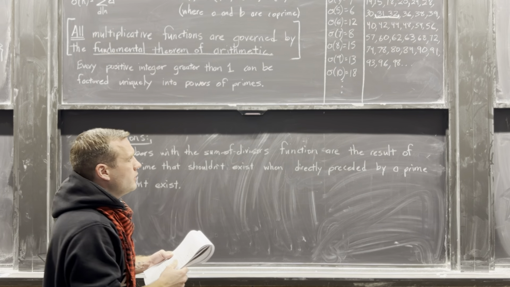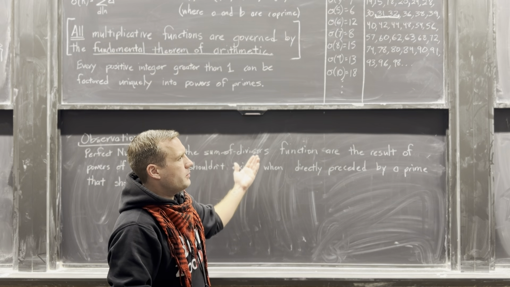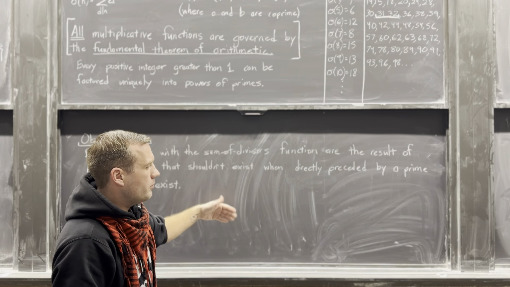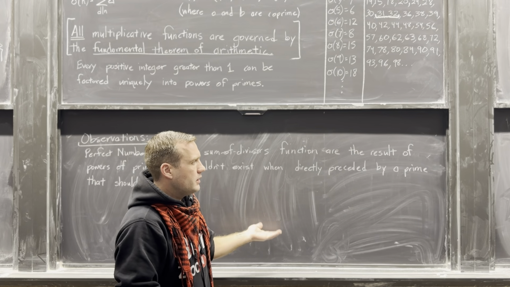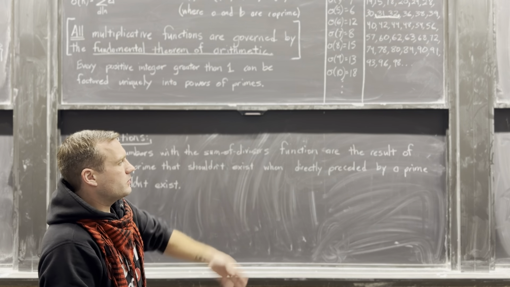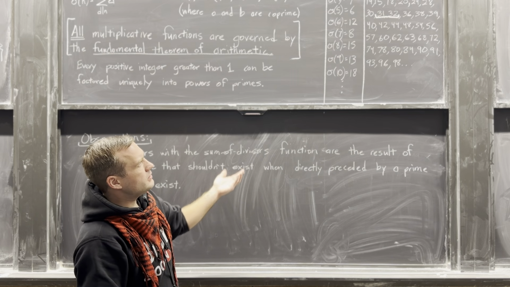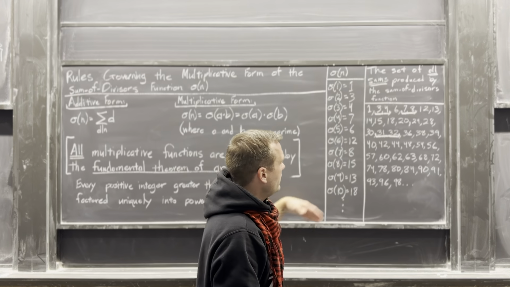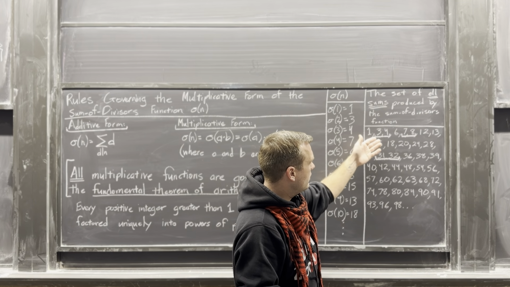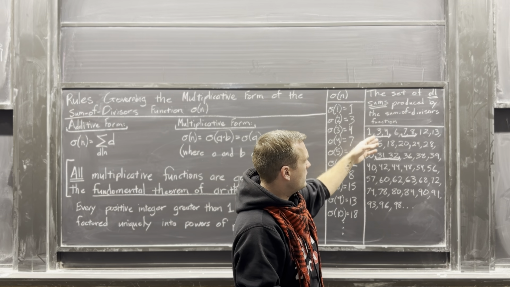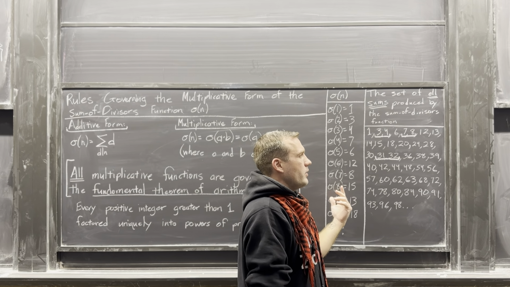If you think about it, primes have this identity where every prime plus 1 is its identity within the sum-of-divisors function. So the fact that primes exist, the fact that 3 exists, is an exception because 2 is a prime right before it.